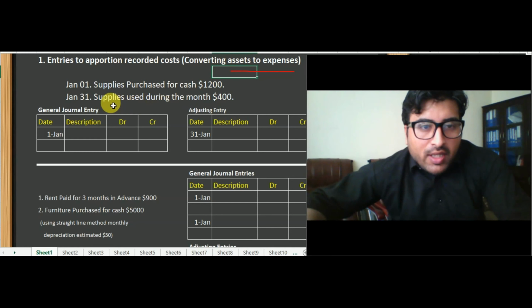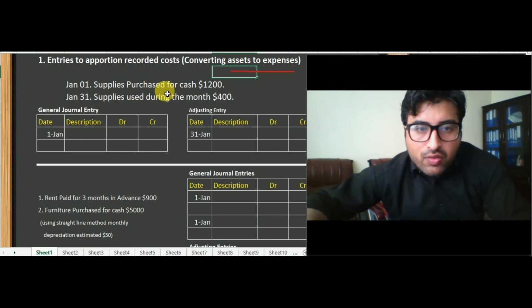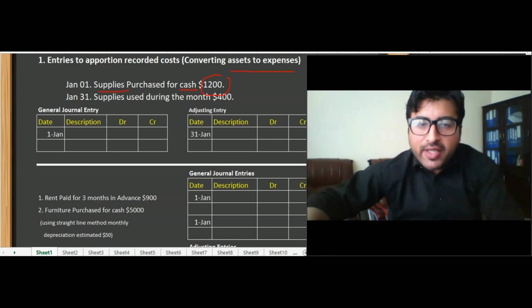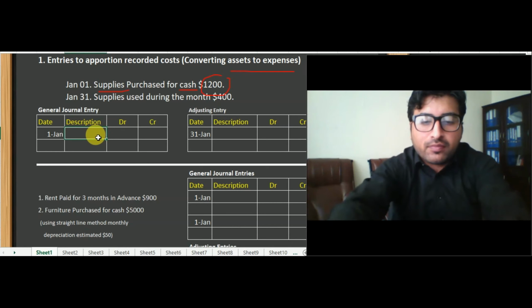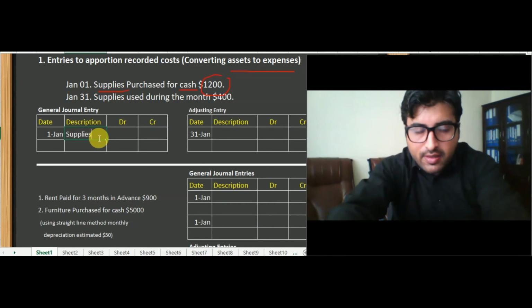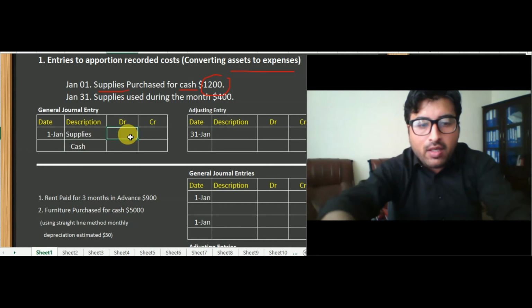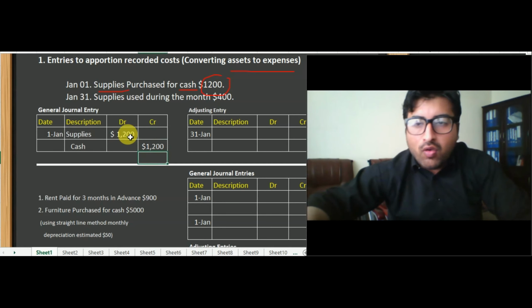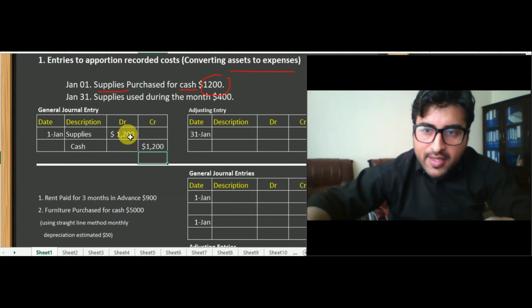So in our example here we have January 1st supplies purchased for cash $1,200. So dear students, what is purchased here? Supplies for cash, and how much is the value? $1,200. So how can we record this transaction? Look here, supplies debited, right, and cash should be credited $1,200. Why? Because supplies, our current assets, increased, so we debited, and cash is decreasing, that is why we credited, okay?